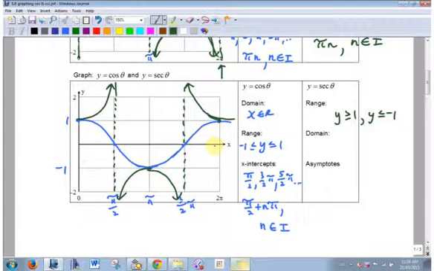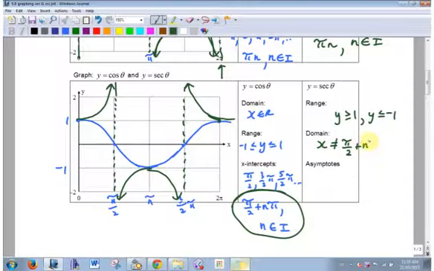Everything except those ones, right? And wouldn't you know it, those are my asymptotes too, right? Where n's an integer. Okay? So that's a basic graph.